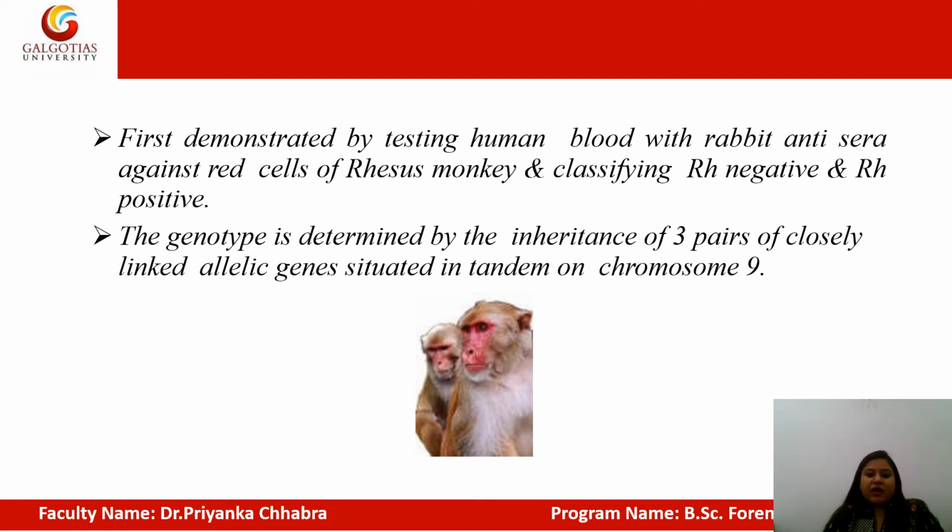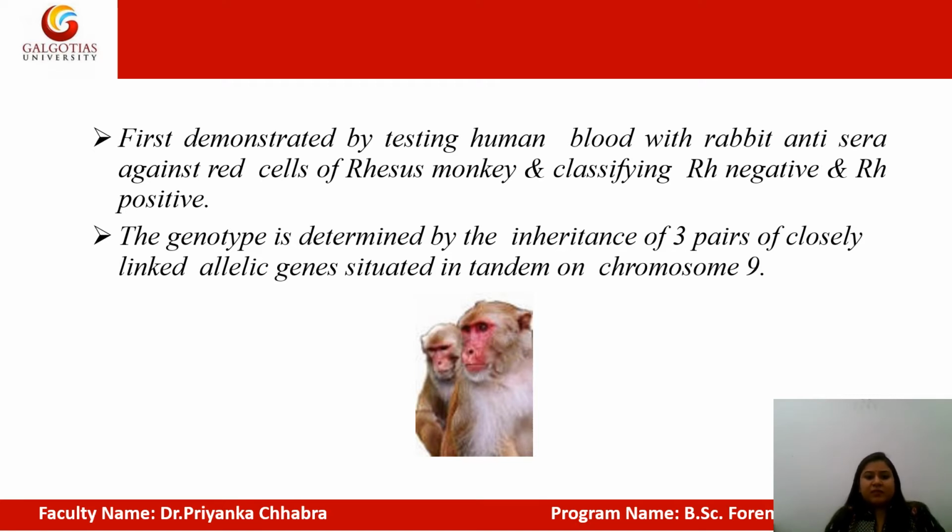Later on, the rabbit antibodies were tested on human RBCs. The antisera which were produced in the rabbit were tested on human RBCs. It was found that the antisera react with 85% of the white population, whereas 15% do not react. It means 85% of the population show agglutination, whereas 15% do not show any reaction.